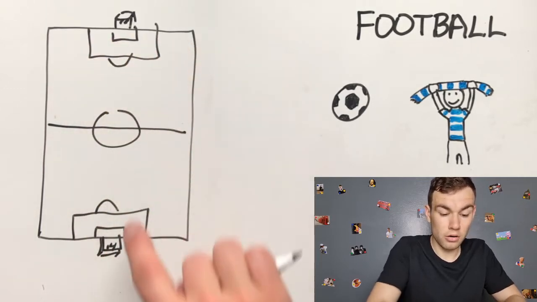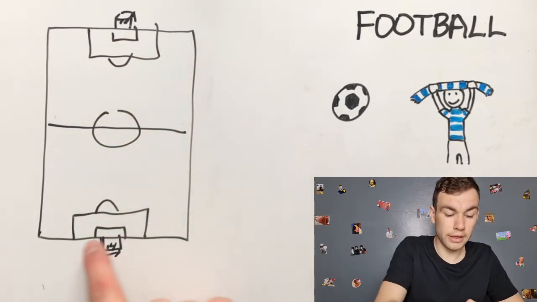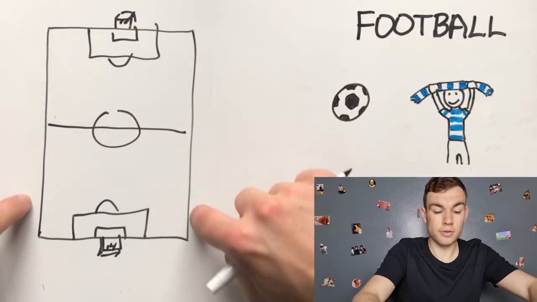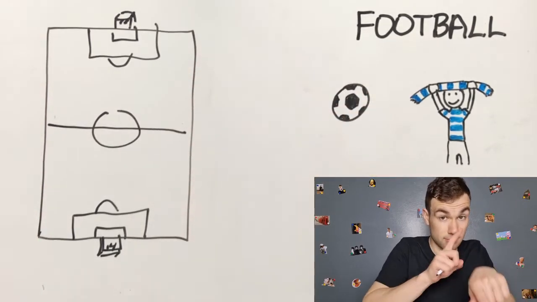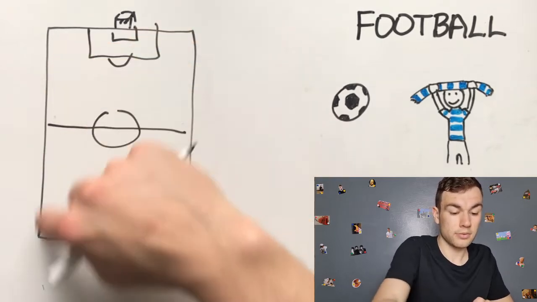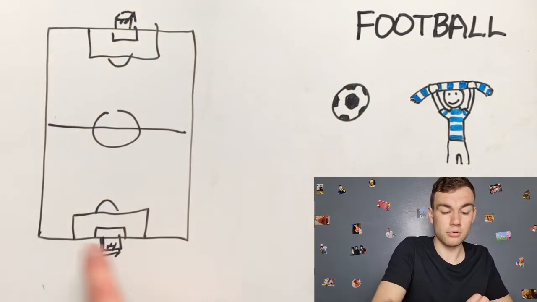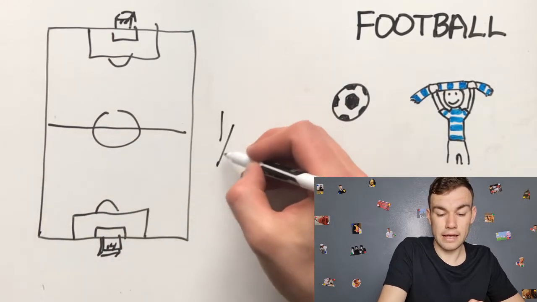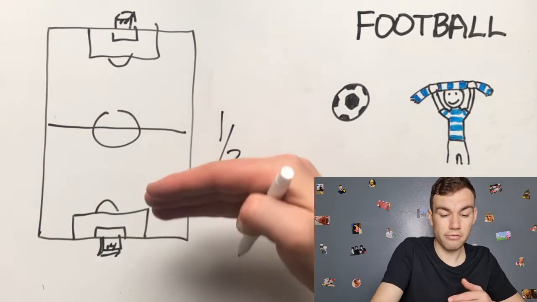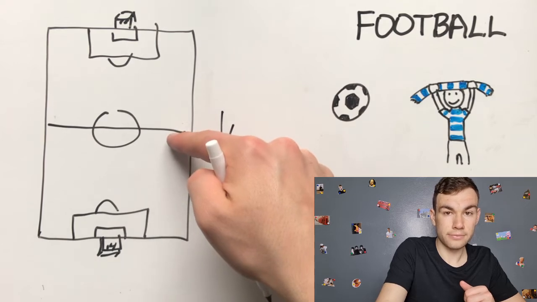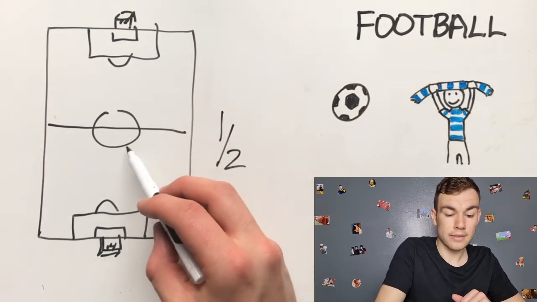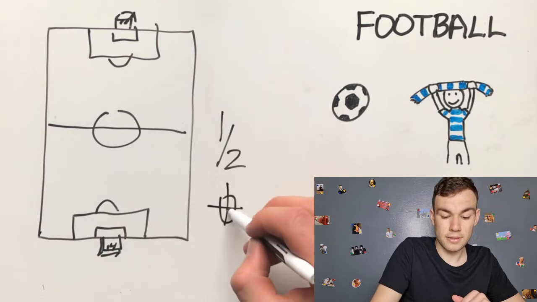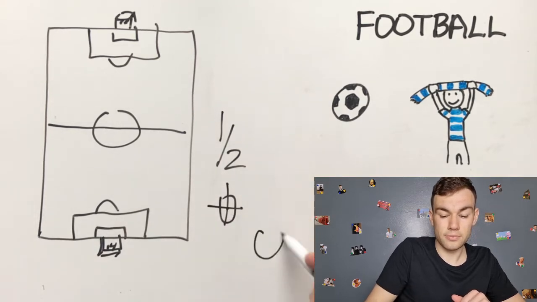These are the goal lines, and these are called the touch lines. Touch lines, goal lines. This is the halfway line, and this is the center circle.